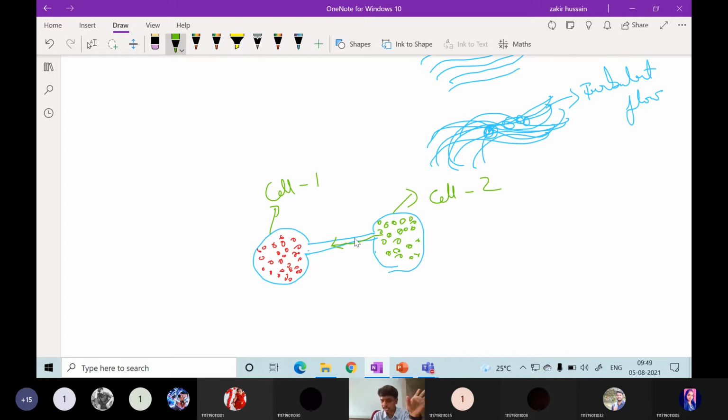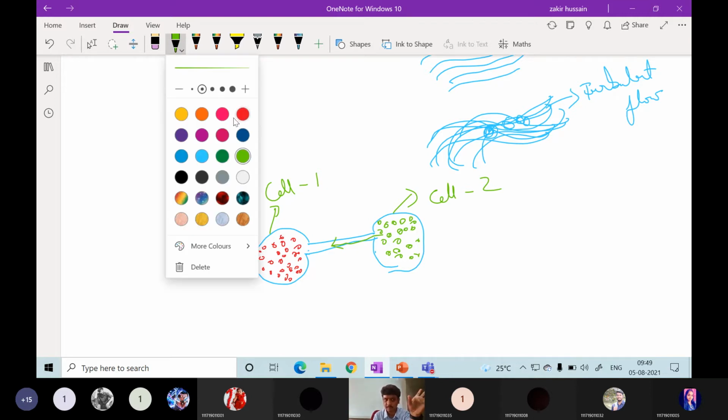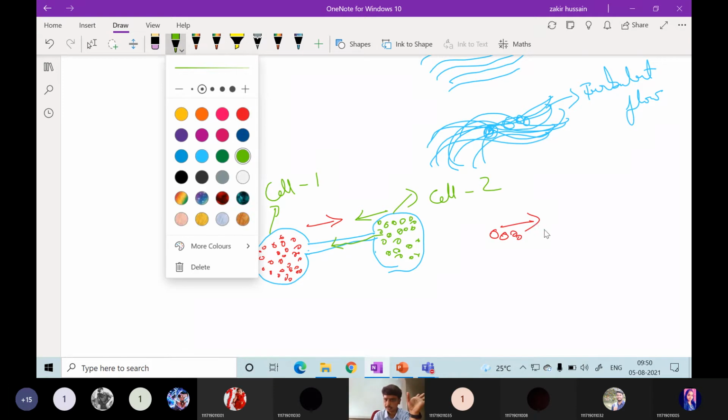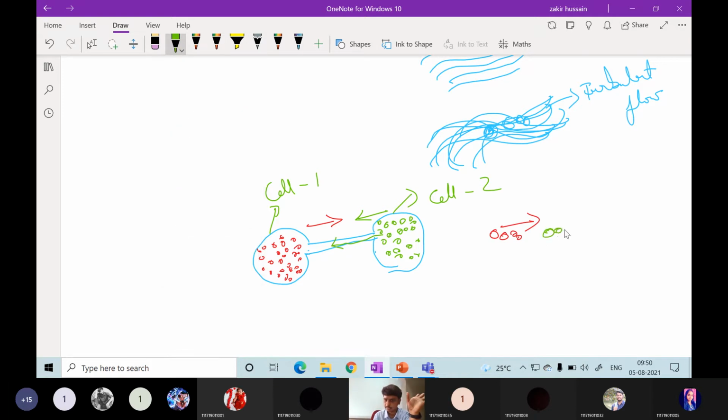When you open this, the red molecules will travel from the left direction to the right direction, whereas the green molecules will travel in the opposite direction. If these red molecules are interacting like this, the red molecules travel like this and the green molecules travel like this.